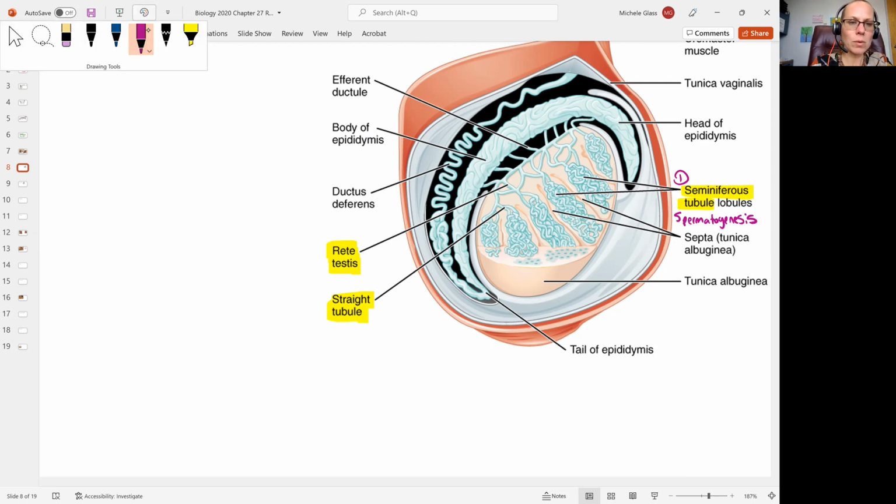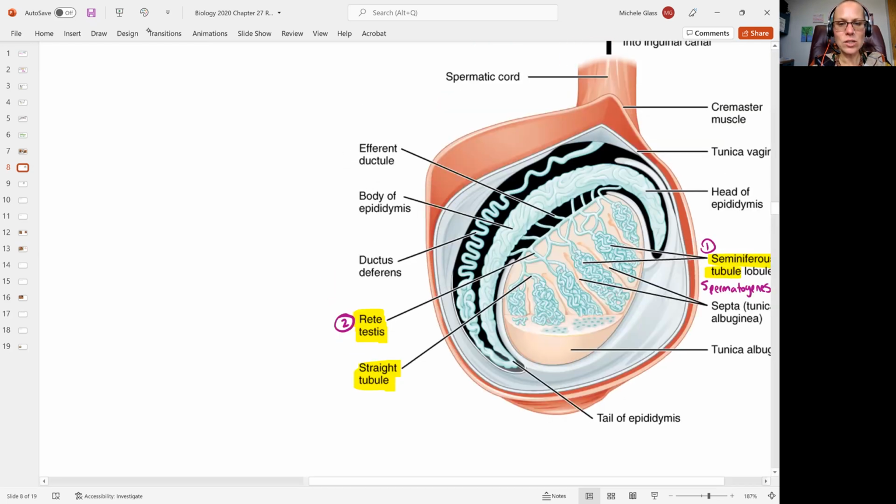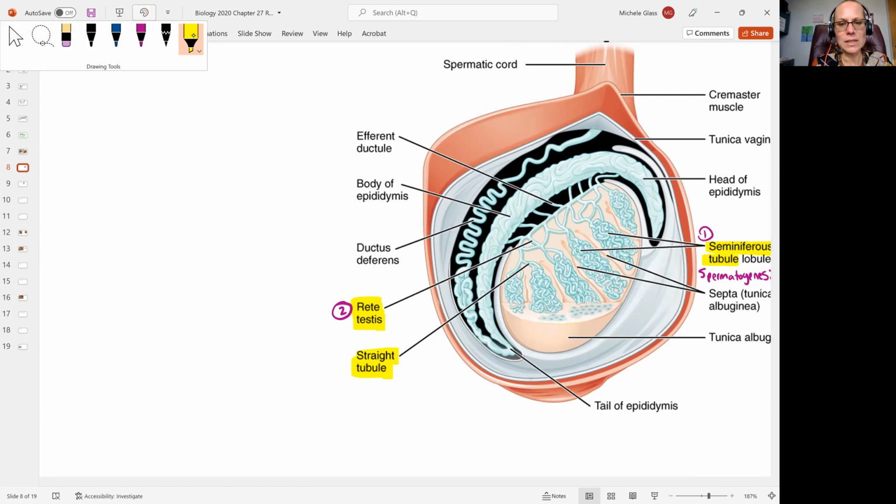And that's actually what I would emphasize as the next part of our pathway of the sperm. So I'd actually go from the seminiferous tubules, kind of bypassing the straight tube, and then focusing in on the rete testis. Exiting the testis, you have what's described as the efferent ductule.